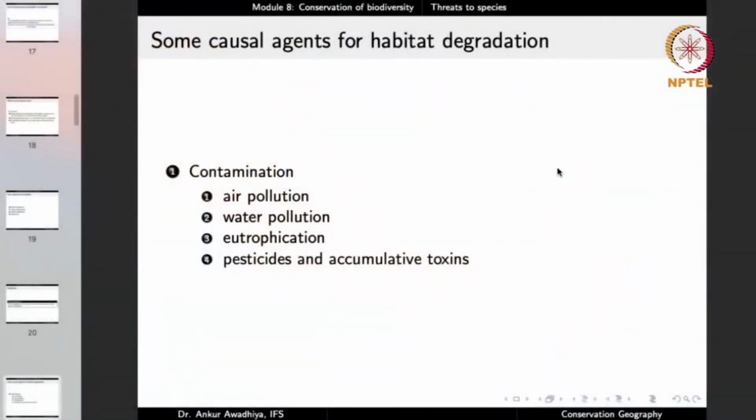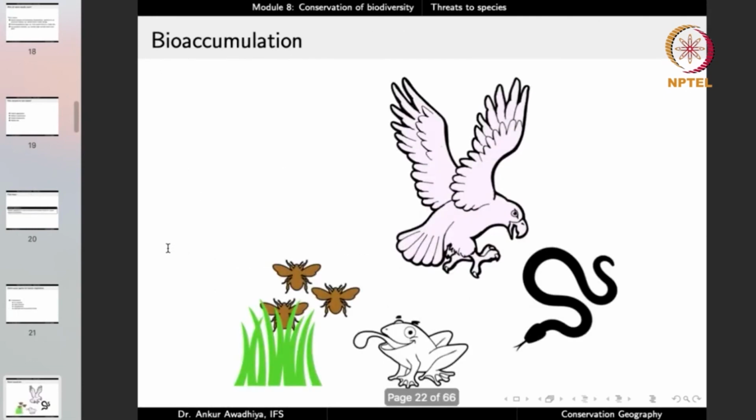So this is habitat degradation: contamination by air pollution, water pollution, eutrophication, pesticides and accumulative toxins, and all of these reduce the quality of the habitat.